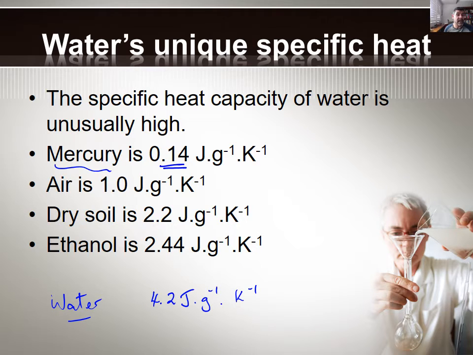Air has a specific heat capacity of 1, dry soil 2.2, and ethanol, key component of alcohols, is 2.44. So you can see this value for water is significantly high in comparison with some of these other substances.